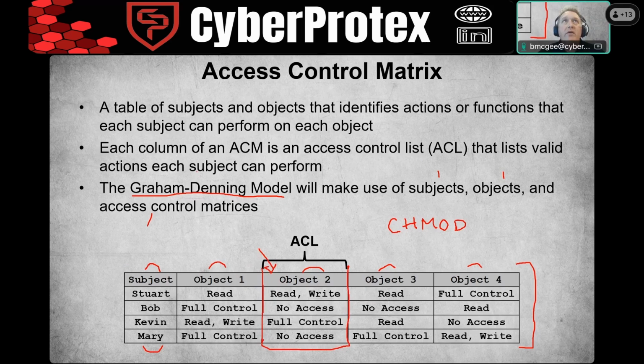And that tells us the column of the actions that the subject can perform on an object. That is the easiest way that I typically remember this. And so the Graham-Denning model typically will show how subjects and objects should be created and deleted, but also who can access and address assigning specific access rights to those subjects.